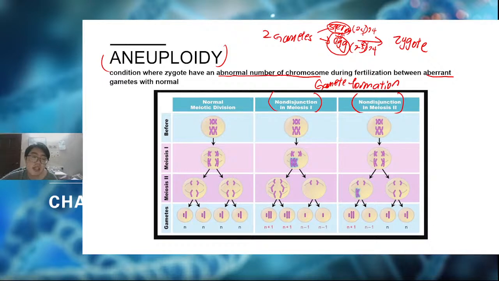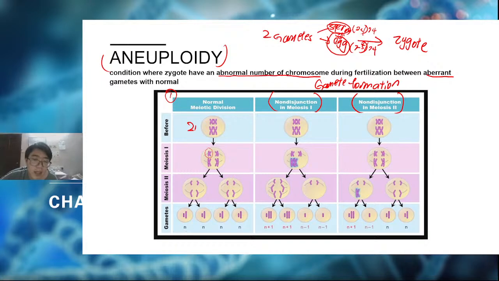If you see this first column, this is normal meiosis. After meiosis 1, you will get this product: homologous chromosomes. After you separate the homologous chromosomes, it undergoes meiosis 2, where you separate the chromatids. Then you will get gametes with N only.